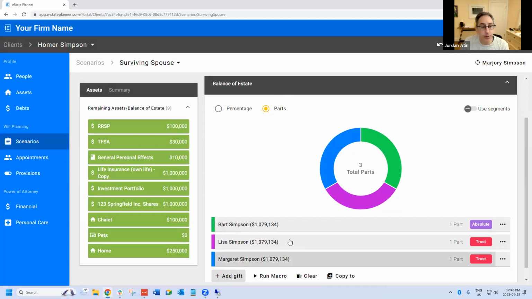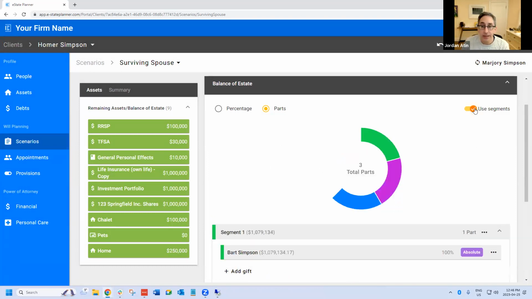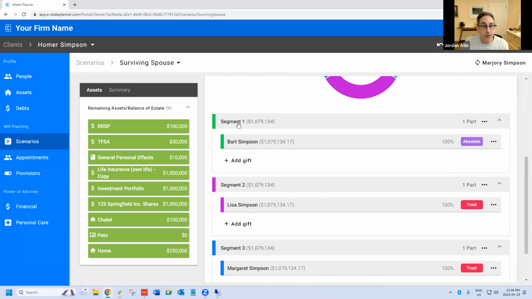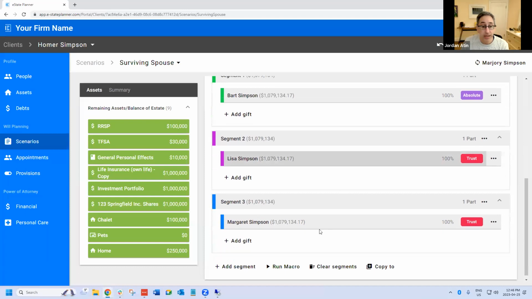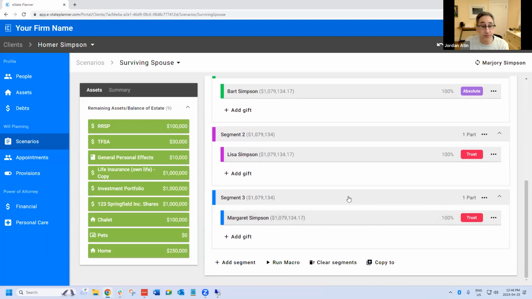I'd have 3 separate gifts, one for each kid. Now, because there's only one beneficiary for each of those gifts, we don't have to worry about thinking about it in segments. You can show it in segments. This is how it would look in segments. There's a segment 1 for Bart getting 100% of segment 1, segment 2, Lisa getting 100% of segment 2, and Maggie getting 100% of segment 3.